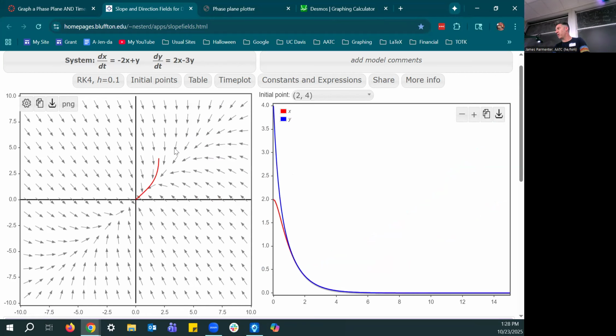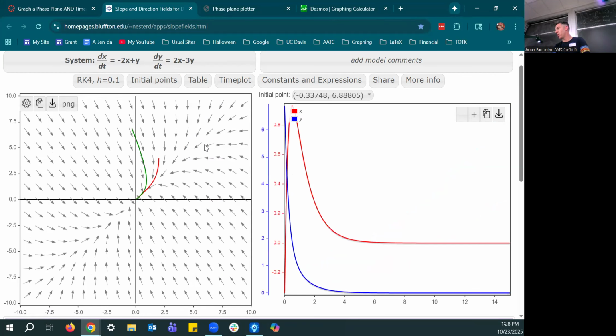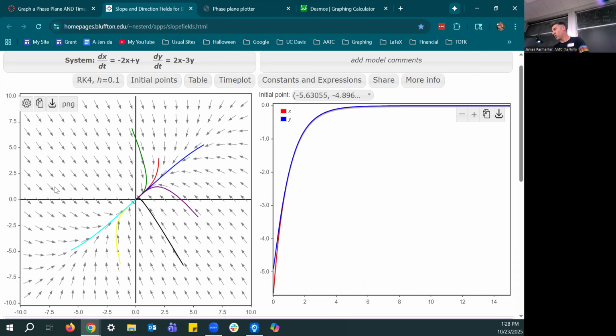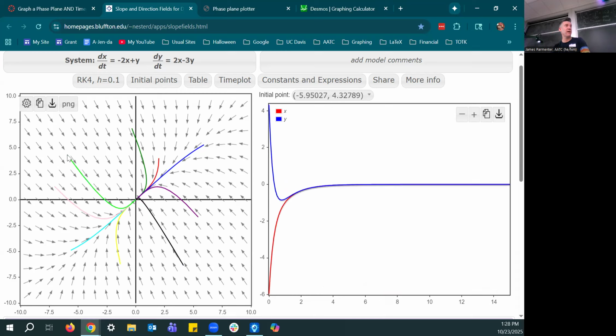If you look at this, no matter where we start, we end up going in towards the origin. Whatever initial conditions we had, we end up getting closer and closer to x being 0 and y being 0. So we're sinking in towards the origin instead of, what's the other one called? The other one's called a source. We'll talk more about the names later.